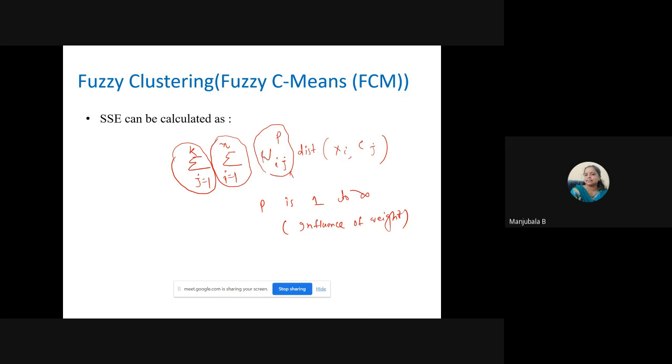P is the influence of weights on the distance of xi and cj. This influence of the weight value, p, can be taken from 1 to infinity in the FCM.